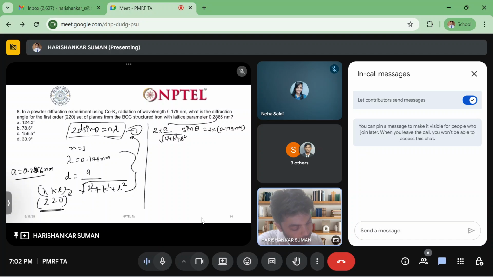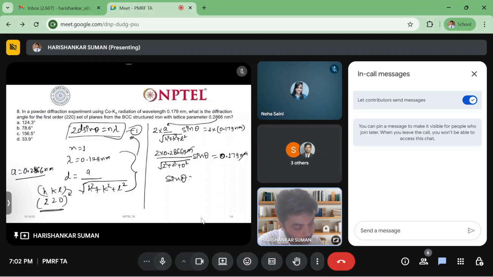Also you can put the HKL values, and a equal to 0.2866 in nanometer. This is 2 square, this is 2 square, this is 0 square, and sin theta. So this is multiplied by 1. Now we get 179. Both sides are nanometer, cancel out.